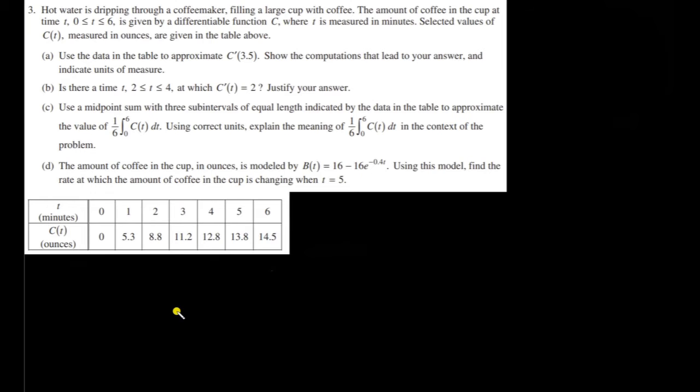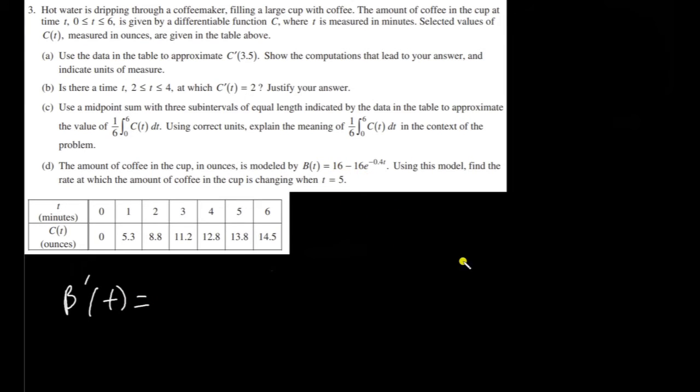Okay, so B of t is telling us the amount of coffee in the cup, and to find the rate at which it is changing, we need to take the derivative of B to find B prime of t. So let's find B prime of t. The derivative of 16 is 0.